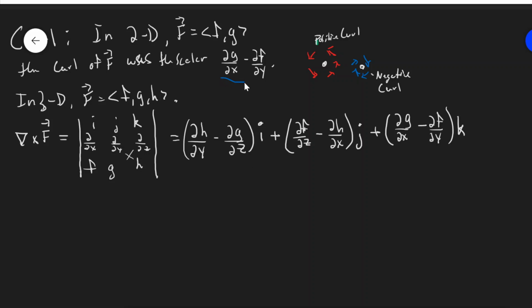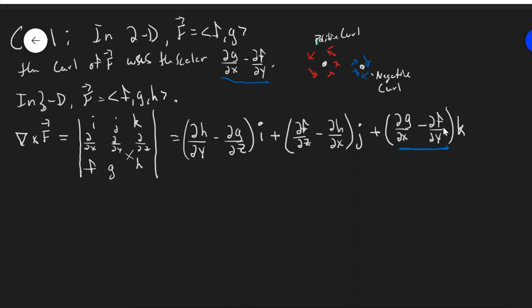Here was partial G, partial X. This was the two-dimensional curl, and as I mentioned, this either came out of the plane, positive, or into the plane. Now, out of the plane, into the plane, that's really my K vector, right? And so we're seeing that same thing here. So this really does generalize the notion of curl to 3 dimensions, and in particular, this is a vector, and so we should treat it as such.